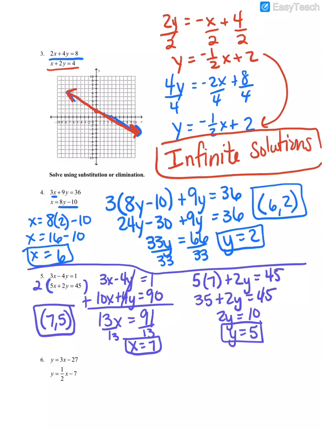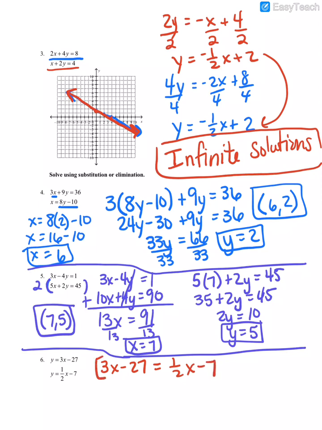All right, number 6. They both are solved for y, so I'm just going to set them equal to each other. So 3x minus 27 is equal to 1/2 x minus 7. And I don't like the fractions, so I'm going to multiply everybody by 2.